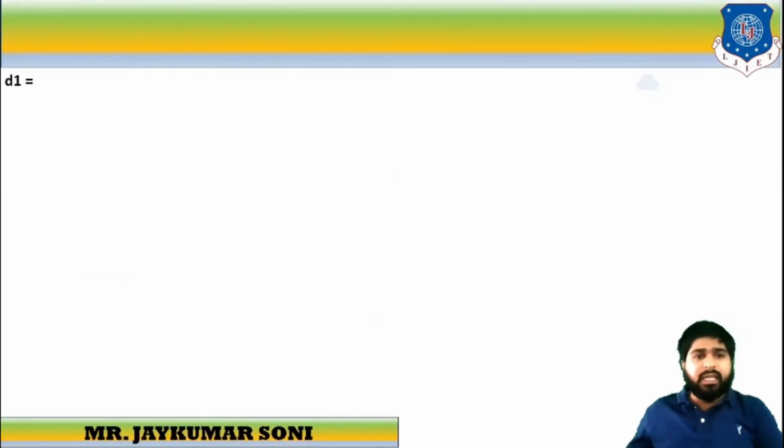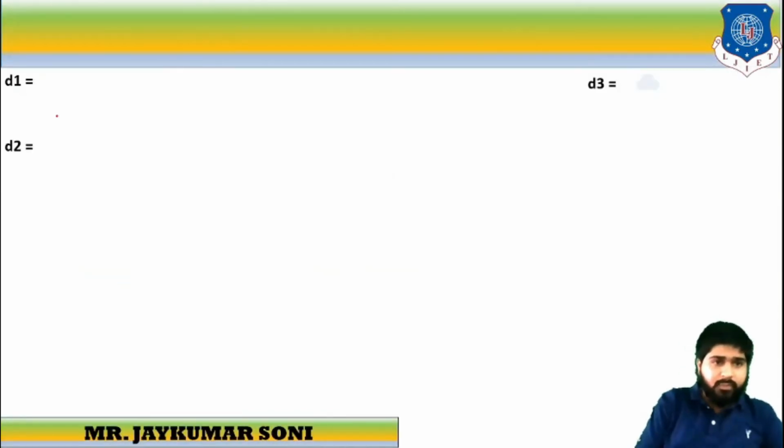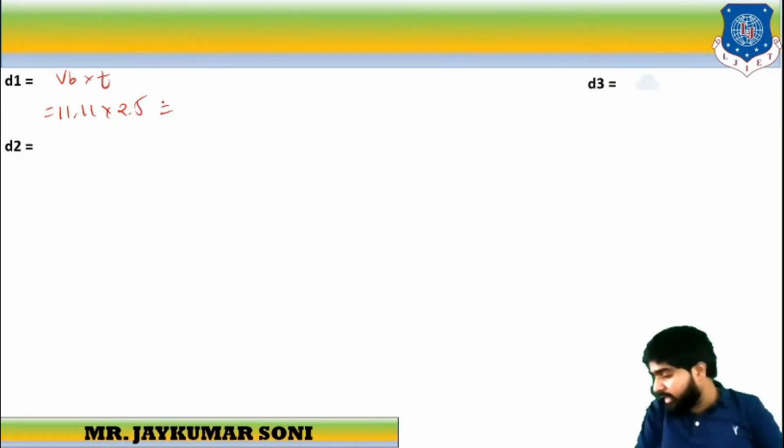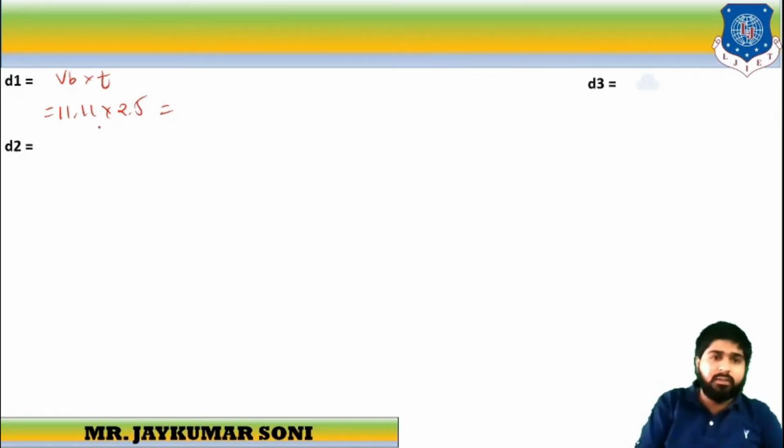The equation for d1 is VB into t, meaning 11.11 into 2.5. Calculate this and tell me what it comes as. 11.11 into 2.5 is 27.80 meters.